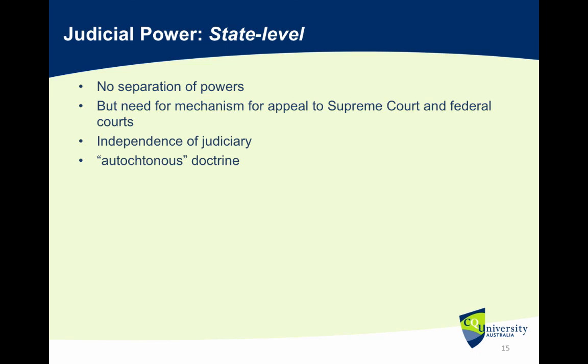And for that reason, it is imperative that when state parliaments enact legislation that affects their state courts, that legislation must always ensure that judges of Supreme Courts are seen as being independent.